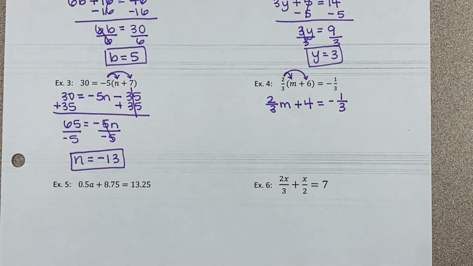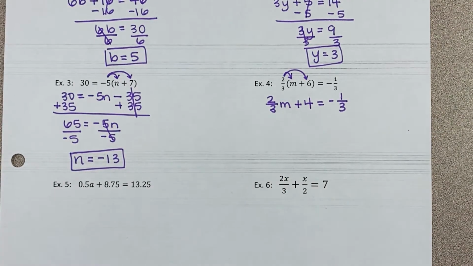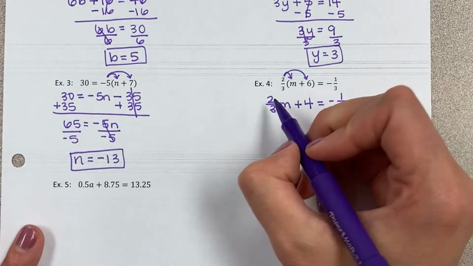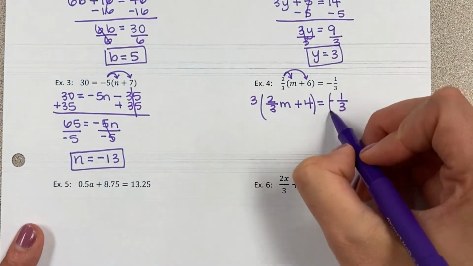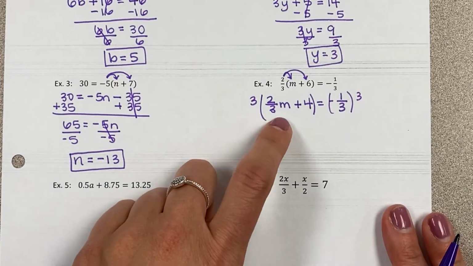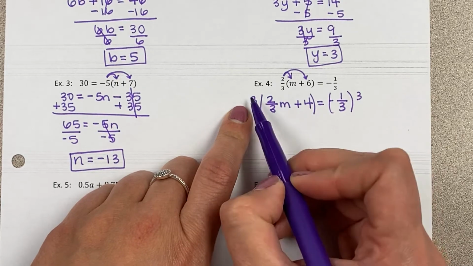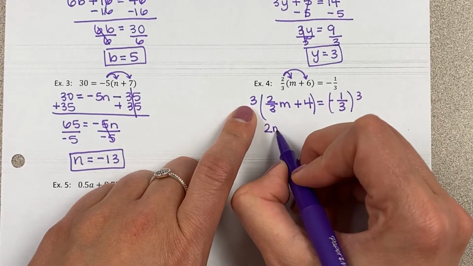Okay, now I want to get rid of these fractions. So they both have the same denominator. What I'm going to do is multiply everything by 3 to cancel out the denominator. So on this side, we're going to multiply by 3. On this side, I'm going to multiply by 3. When I do that, this cancels out, leaves us with 2m.